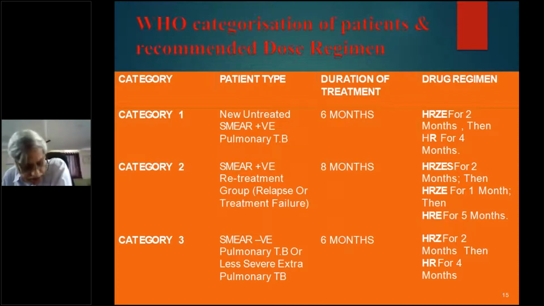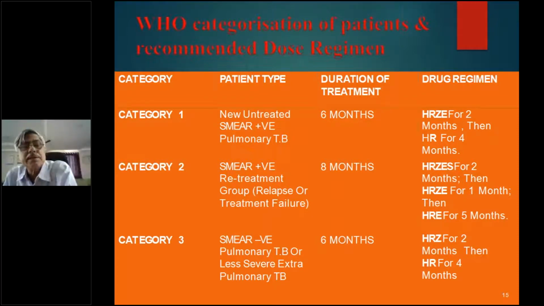Someone who has undergone treatment and the smear has become negative, but then again became positive. The patient was given treatment for about 6 months, and the doctor declared him cured. Again, when the patient comes with symptoms, then it is known as relapse.